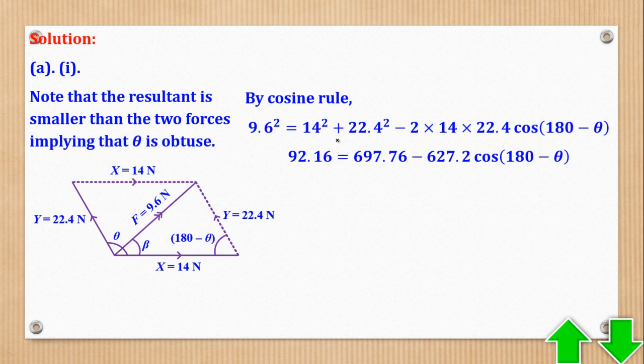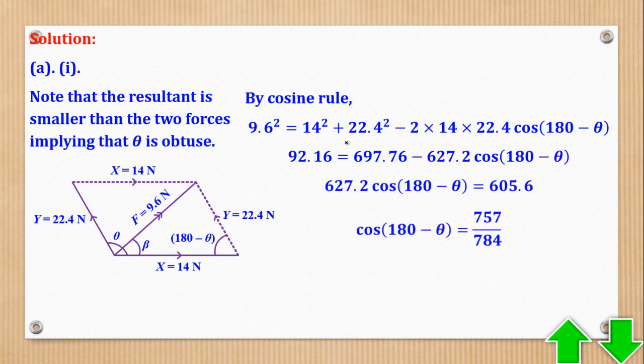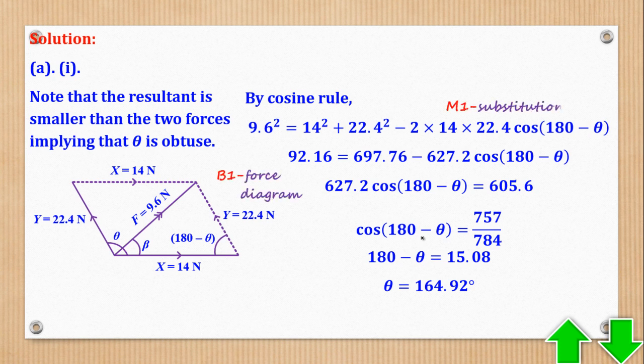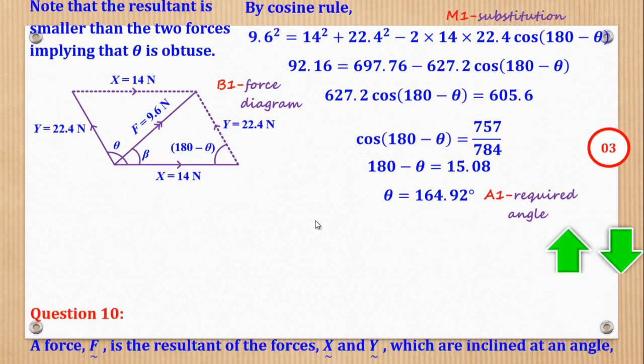Then we shall simplify and see how to get the value of theta. So cos 180 minus theta is that, 180 minus theta is that, meaning that theta will be 164.92. That was part A, Roman 1.